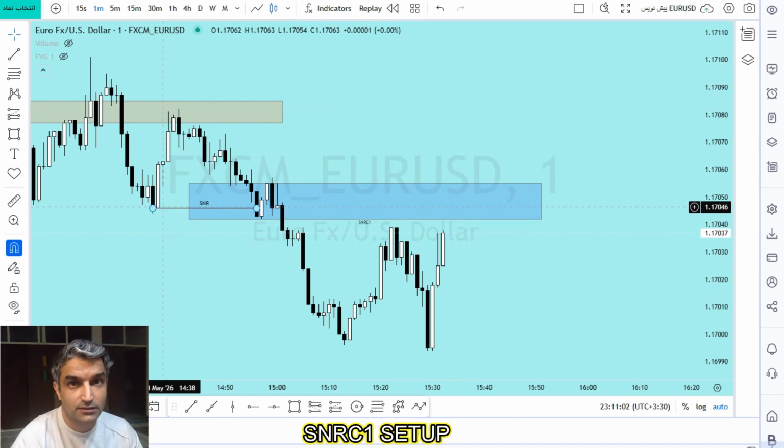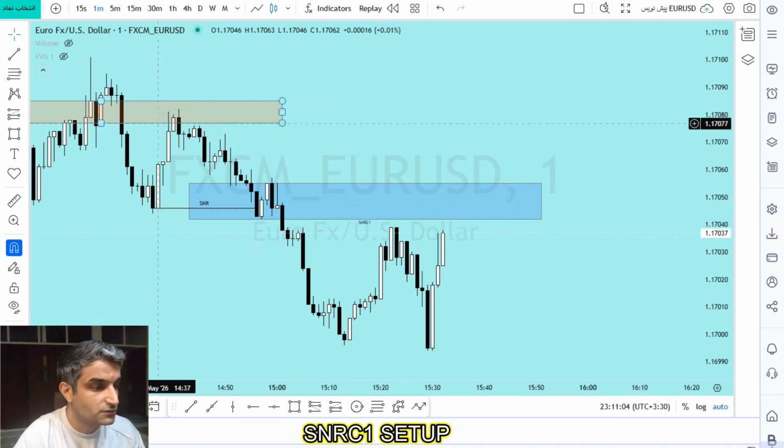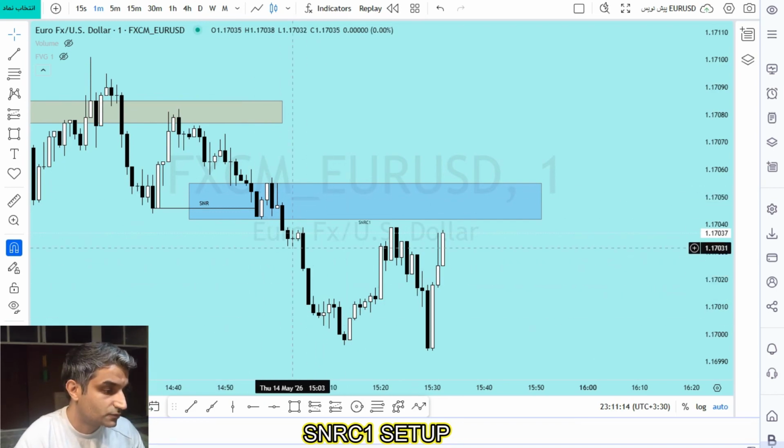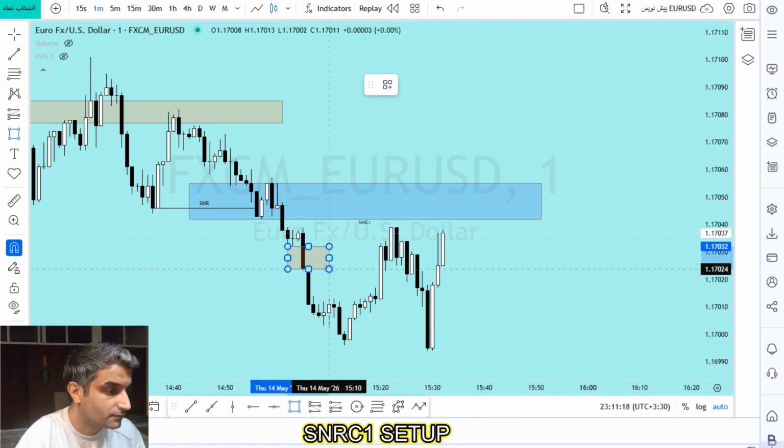Let's see the second example. As you see, we have a support area. It has been broken by 2 candles, and then price comes down, and we have an FVG here.